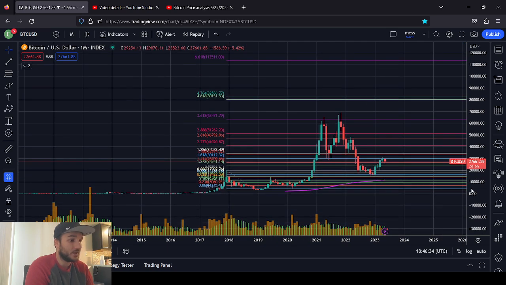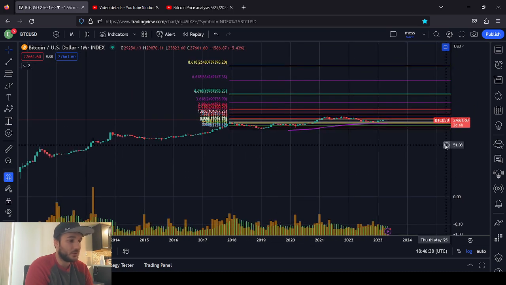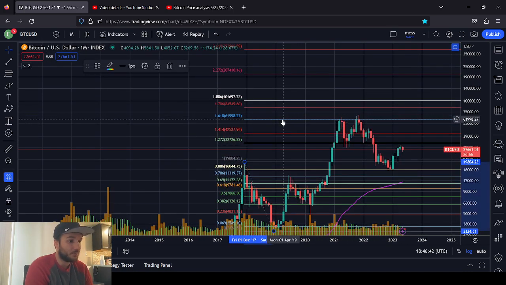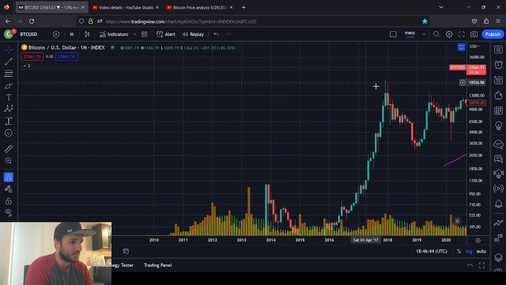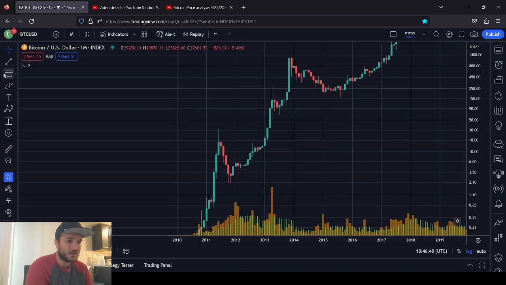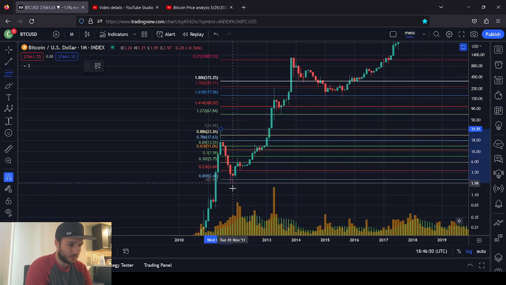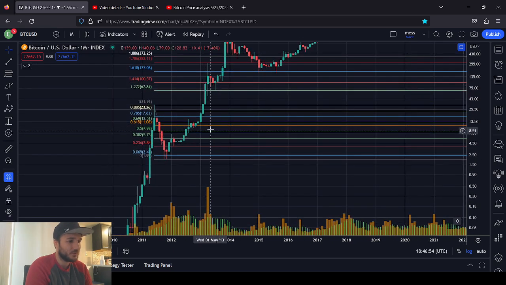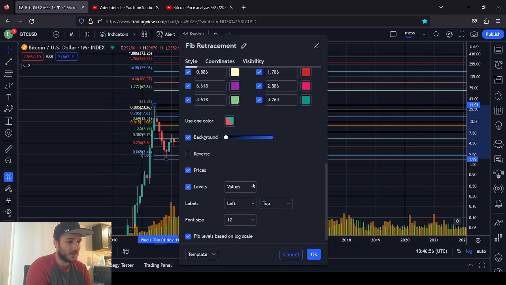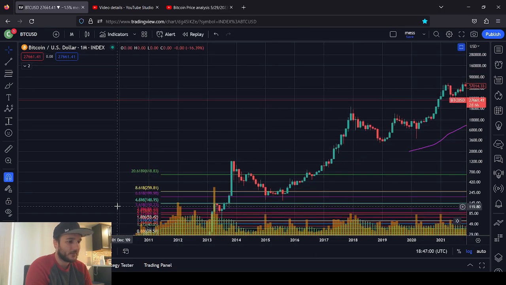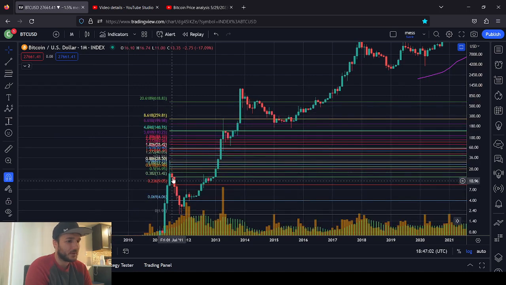I swear there was one. There was a fib that was showing a 2618 respect on Bitcoin's top, on this top here, but I don't know. I've seen it before. Let me see if I can take it off log, if that'll do it. Honestly, I don't know.